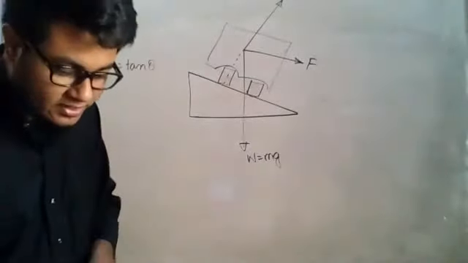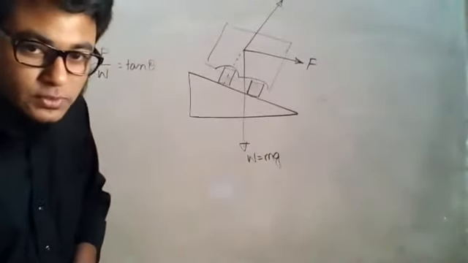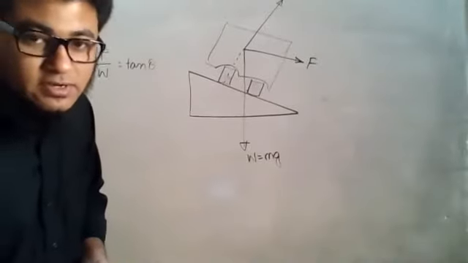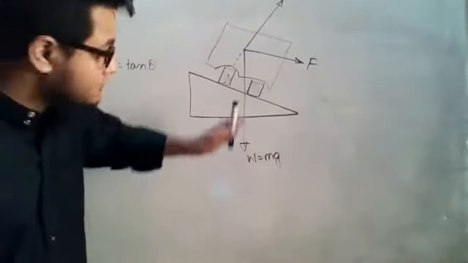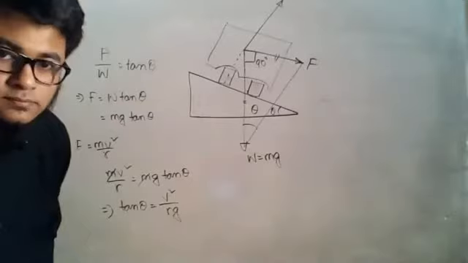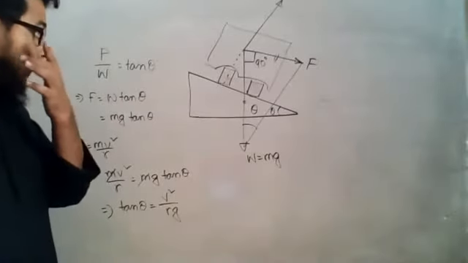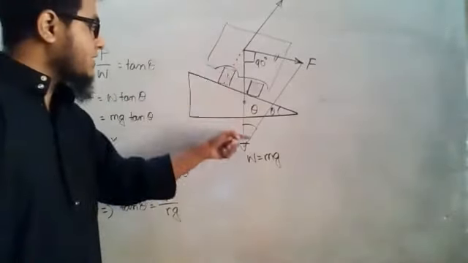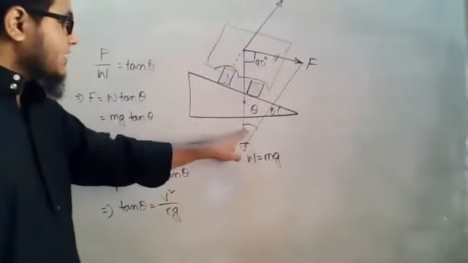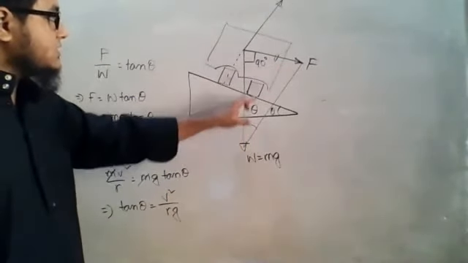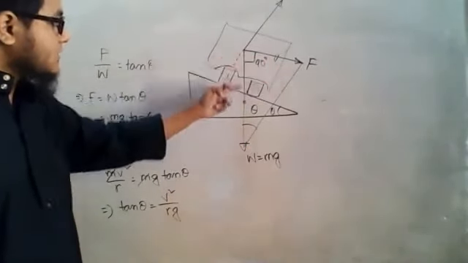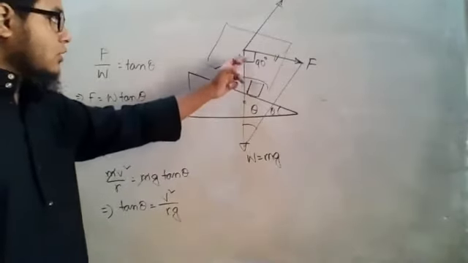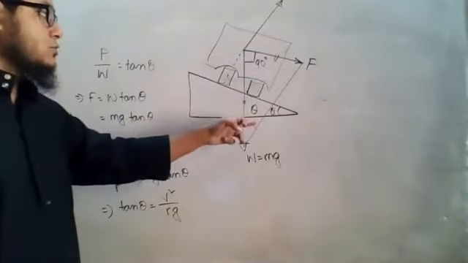The figure in the book is wrong, so that is why we have to draw it correctly. But let us just observe the situation first. As you can see, we have a right angle triangle here, and this angle is theta. For this angle theta, this is the opposite, and this is the adjacent, right? Opposite to 90 degrees is the hypotenuse.